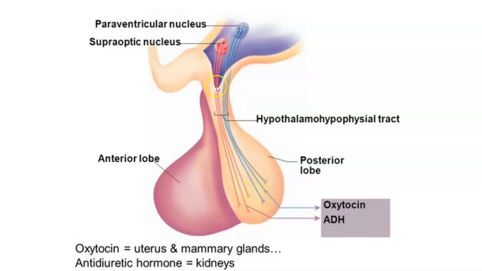So this is through the axons of those neurons. So this is a neural connection through tracts. Okay, so if you remember from the nervous system, you have neuron tracts, that's going to be the axons of those neurons. So that's a neural connection.